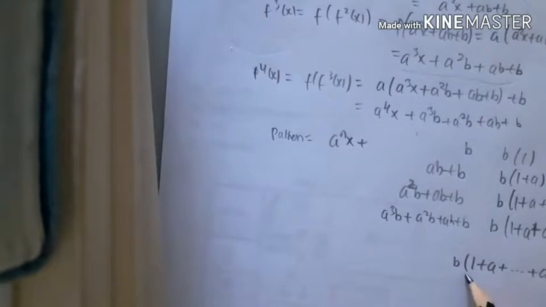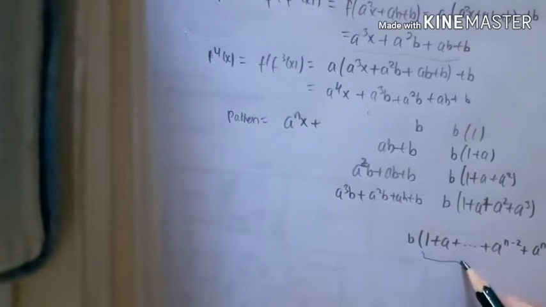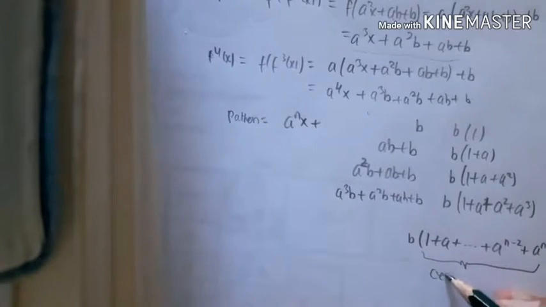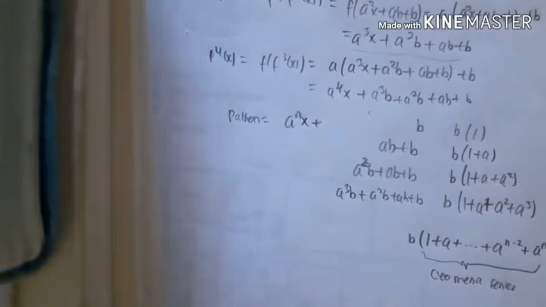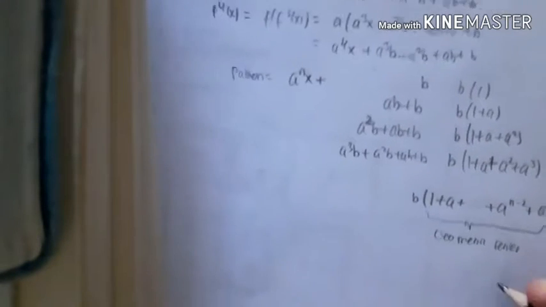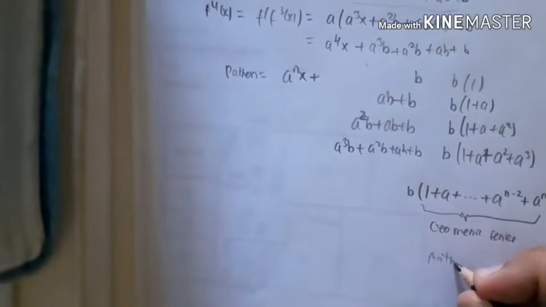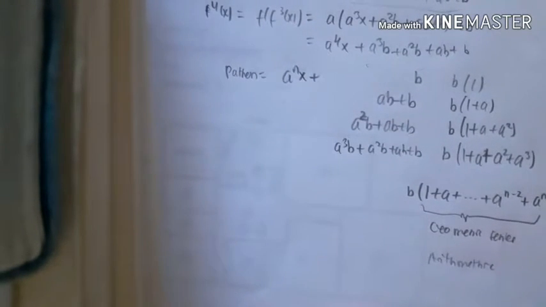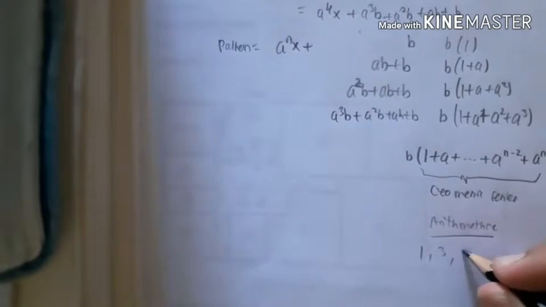So from this, we can see that this is actually a geometric series. Geometric series is different from an arithmetic series, if you have ever known about it. Arithmetic series is when you got 1, 3, 5, 7.